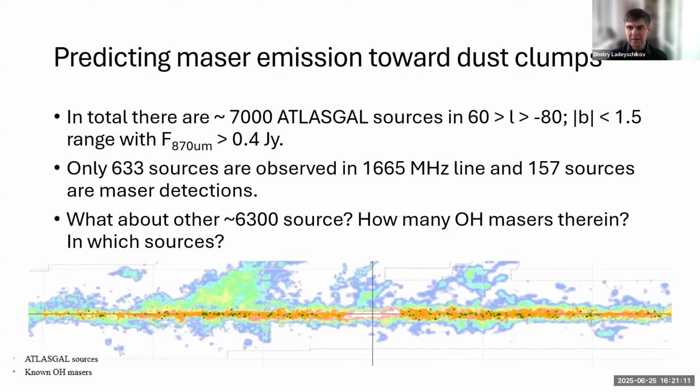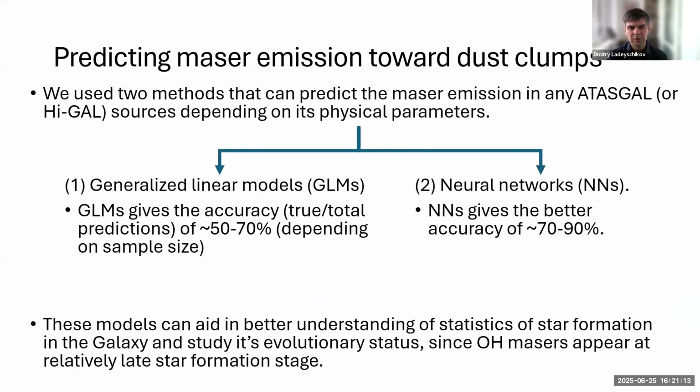So to answer this question statistically, we use two approaches. We created the training sample from MaserDB, where detections and non-detections are stored, and also using blind surveys, we store the sources that were not detected.